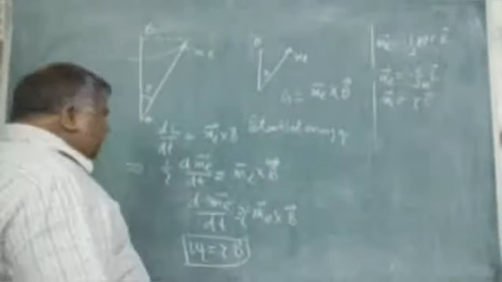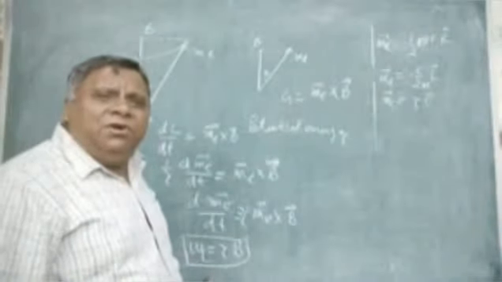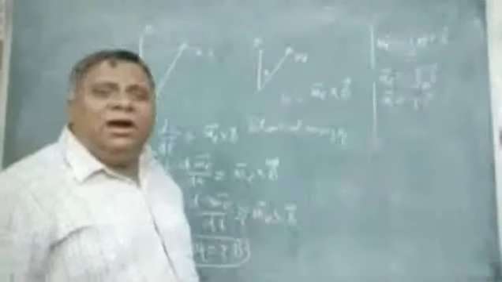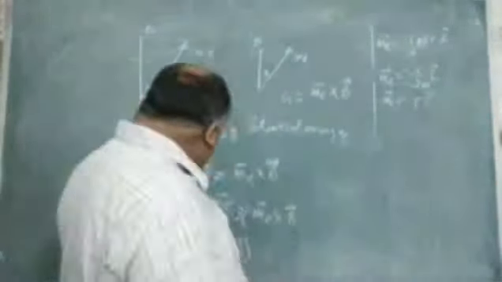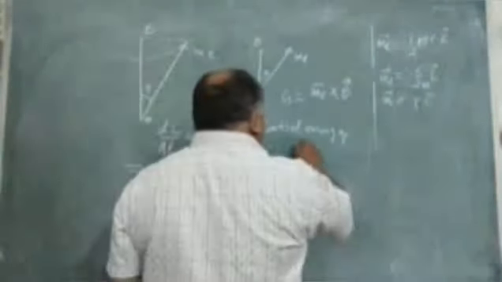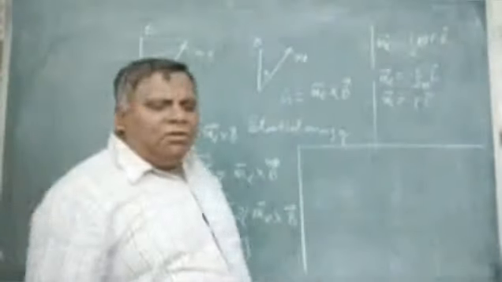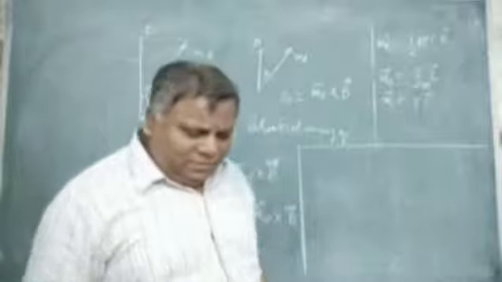So let us see how this Larmor frequency can be obtained, and what is the effect of this precession on the electronic motion.